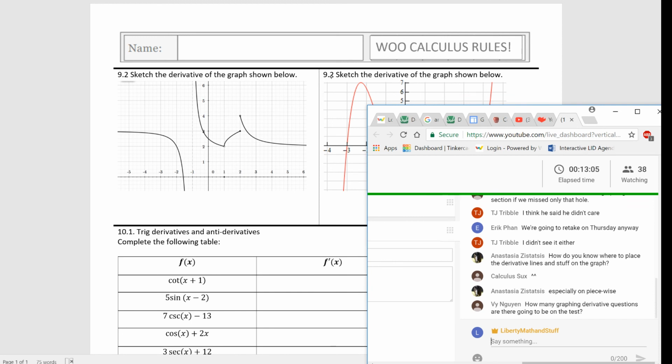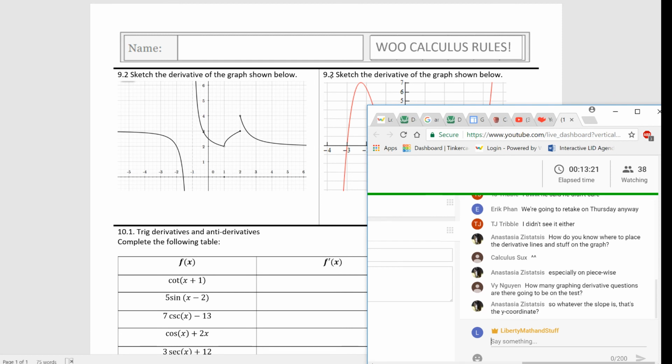Probably one. Those graphing derivatives multiple choice questions take up a ton of space because you have to have derivative answers that are multiple choice. So yeah, one is how many of these will end up on the test. So whatever its slope is, that's the y-coordinate. Absolutely. That's it.